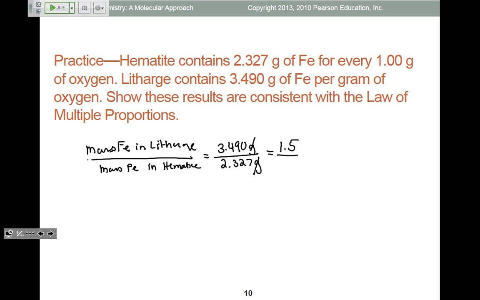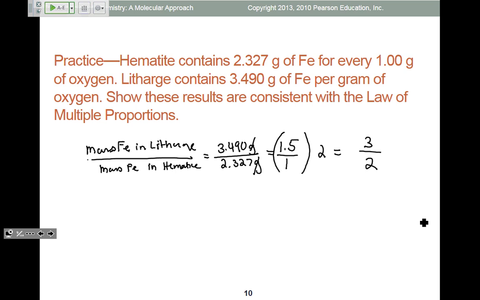So, let's say we multiply that by 2. And we'll get a 3-to-2 ratio, which means for every 2 iron atoms in hematite, we have 3 iron atoms in litharge.